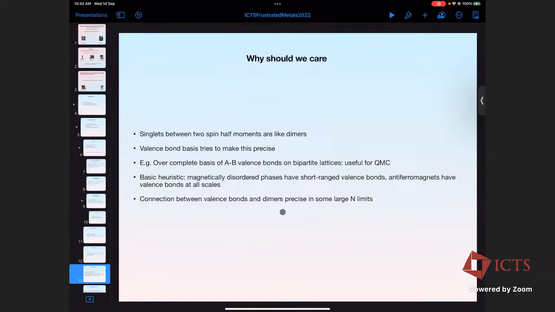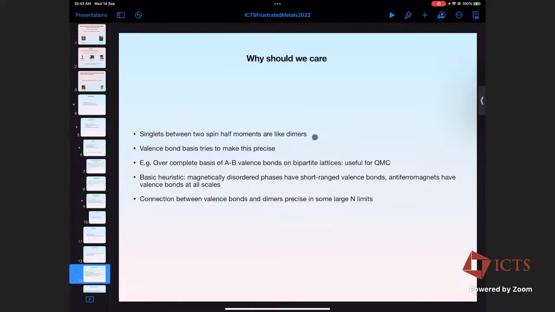Well, we should care because one picture we often have for at least magnetically disordered states of frustrated magnets is that you have these spin-half moments and they form singlets with some other spin-half moment. And really the physics is the physics in the singlet sector, at least the physics is the physics of the reorganization of these singlet pairings. And the crudest way to think is that a singlet between two spin-half moments is like a dimer.